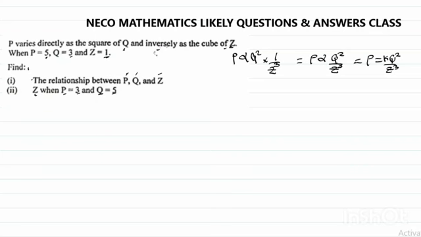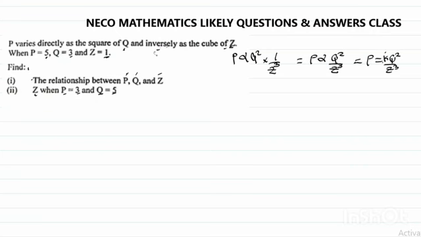So we want to find the value of the constant, because we are given the values of P, Q, and Z, but we don't know the value of the constant. So let's make K the subject of the formula.